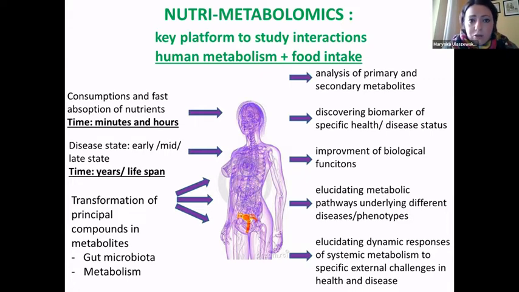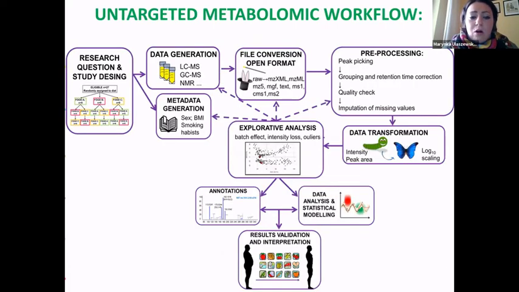This is the general untargeted metabolomic workflow that was developed, and it works like this not only for Nutri-metabolomics, but for any metabolomics experiment. It of course starts with the research question, the study design, the generation of the data, the collection of the metadata, and then the conversion of the files, and the processing that consists of picking, grouping, the quality check, and the imputation of the missing values.